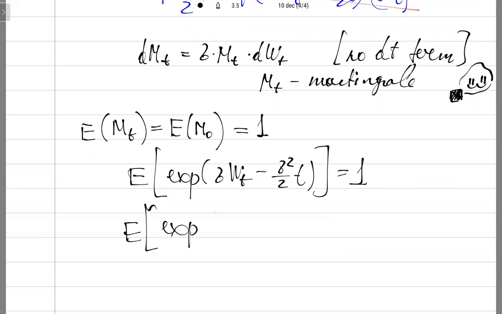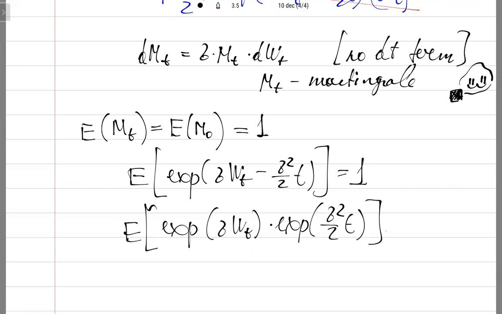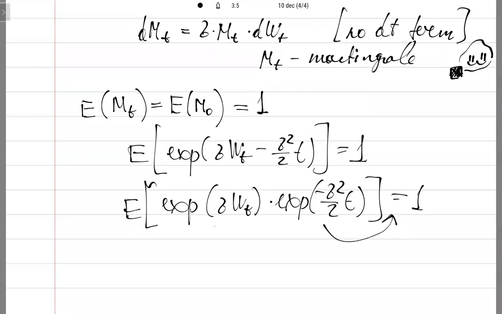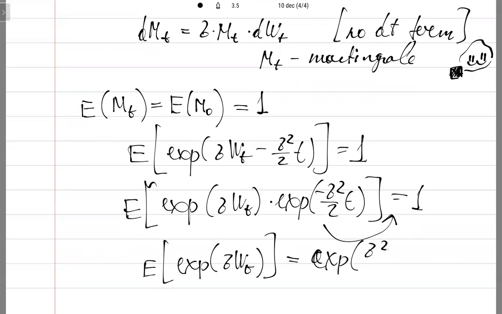The expected value of the product of these two exponents is just 1. I can take out this exponent and I have the expected value of exponent of sigma W_t equals exponent of sigma squared over 2 times t.